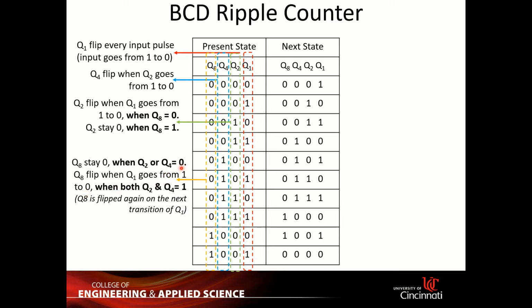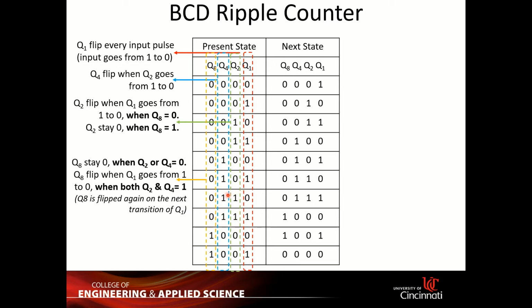So now you see the first condition for Q8 to flip is when both Q2 and Q4 are 1. So basically it's this scenario here, when both Q2 and Q4 are equal to 1.